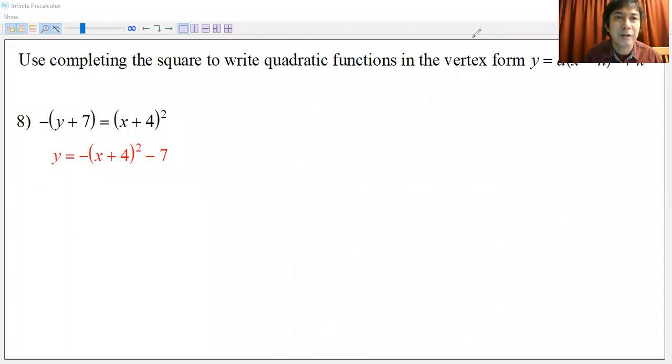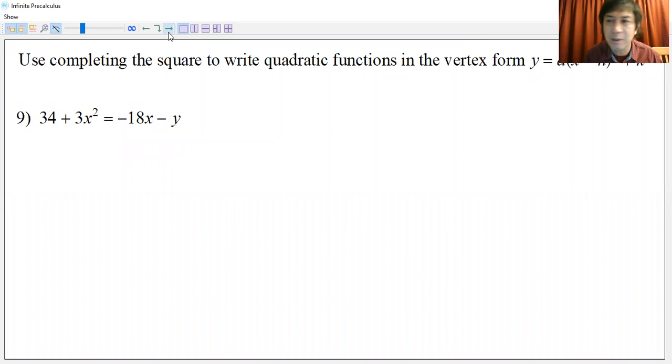Let's get number 9. Here is number 9. Use completing the square to write quadratic functions in the vertex form. Let us see what we need to do here. We have 34 plus 3x squared equals negative 18x minus y. We have the y at the right side.